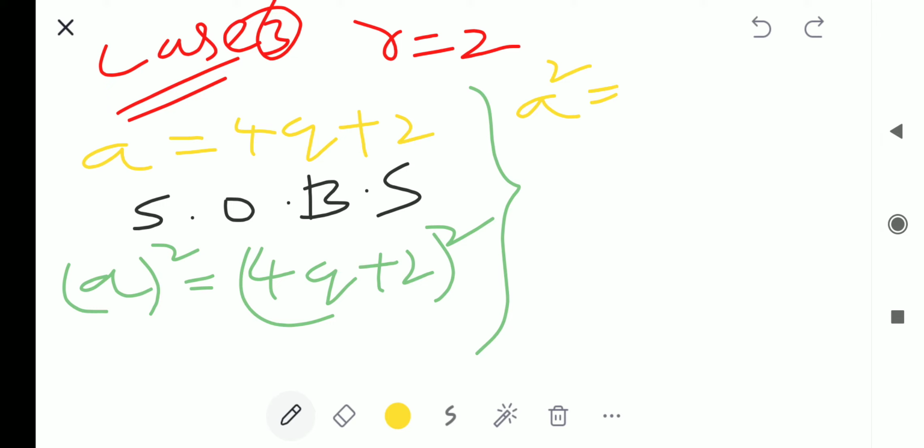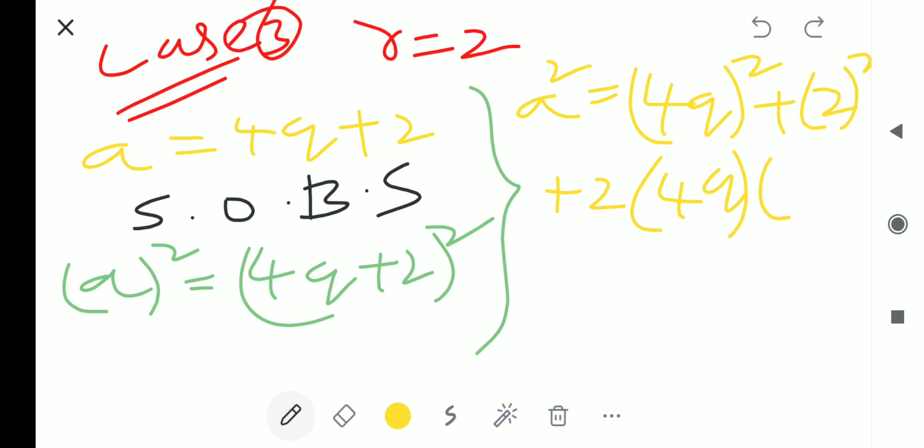Then I can write in the next step a square is equal to 4q plus 2 whole square, which is in the form of a plus b whole square, where a is treated as 4q, b is treated as 2. So a square means 4q whole square, plus b square means 2 square, plus 2ab, 2 into 4q into 2.